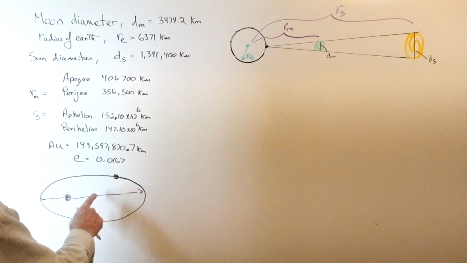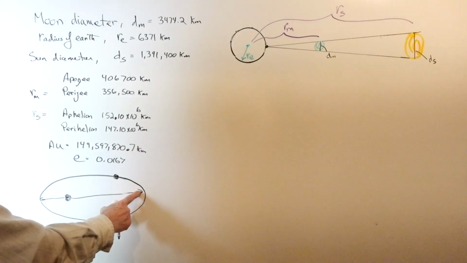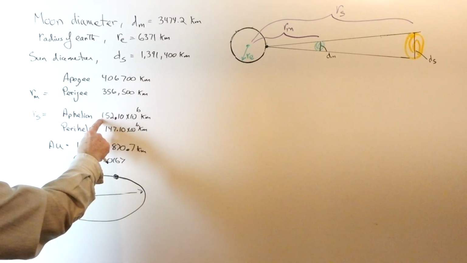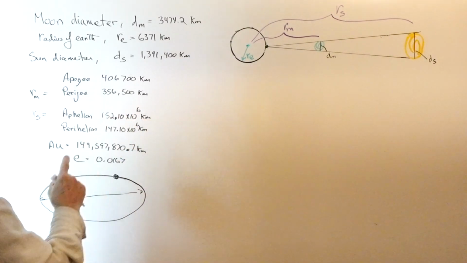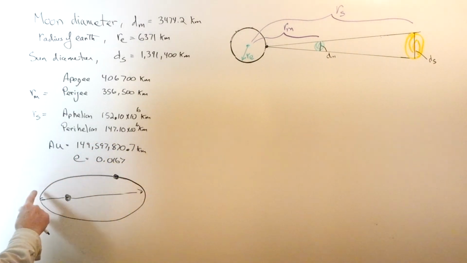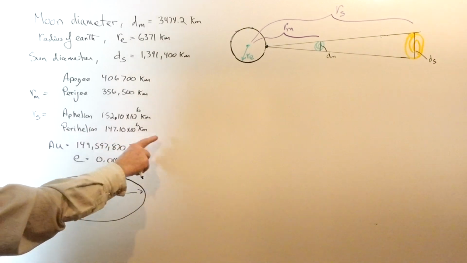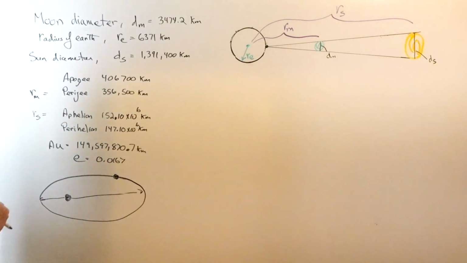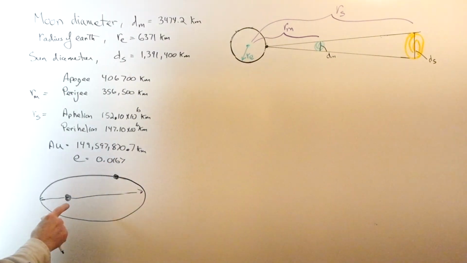The furthest distance the Earth is from the Sun is called the aphelion, and that's 152.1 million kilometers. And the closest approach the Earth has to the Sun is called the perihelion at 147.1 million kilometers.